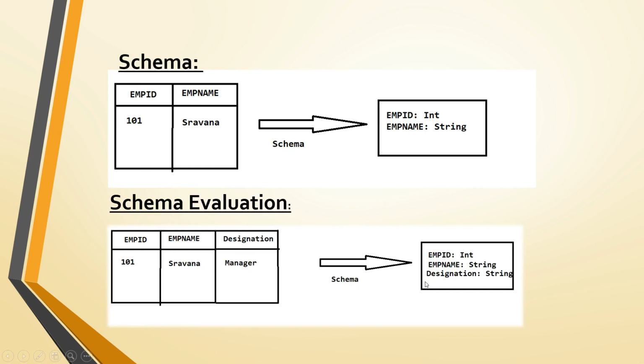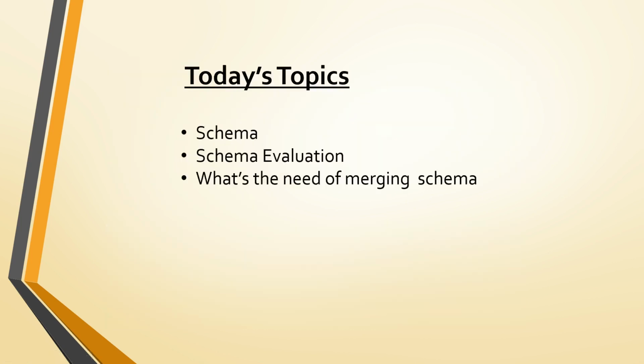Then the evolved schema will become employee ID integer, employee name string and the designation as a third field which is of string type. So adding or deleting something in the schema is called schema evolution. And nowadays schema evolution is supported by frameworks and data formats such as Avro, ORC, protocol buffer and Parquet. So this is schema evolution.